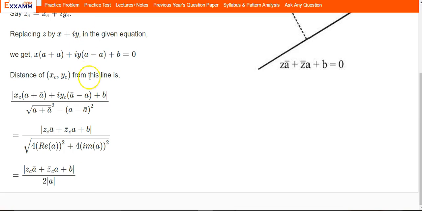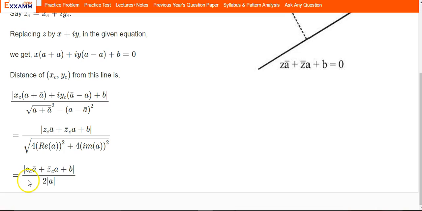So you can go through this solution in our notes at Exxamm.com/12391. These are simple calculations. I am not going into that because this topic is anyway very big. So go through this if you want to check the solution of this.